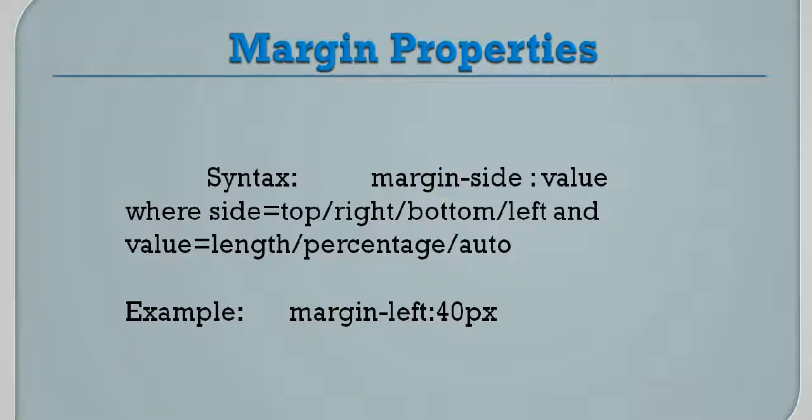Margin dash side means where you want to set the margin. Then put the value, just 40 pixels. The rest of the thing we will see in a practical view.